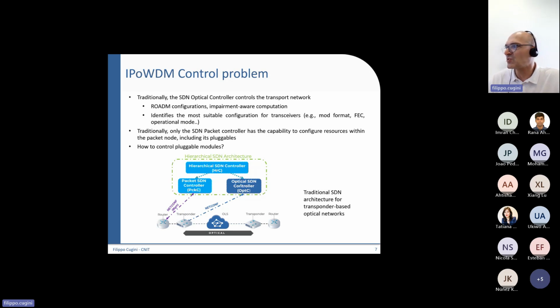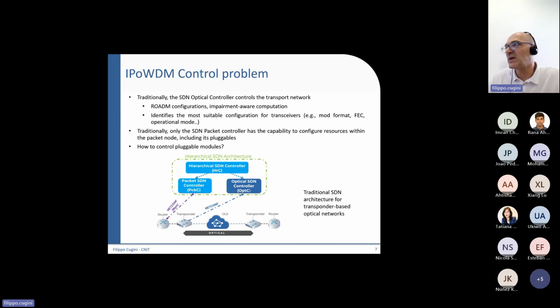So this optical controller was in charge of controlling the optical network alone, while the IP routers were controlled by a packet optical controller. So this controller configured the router, and the optical controller configured all the intermediate optical network.